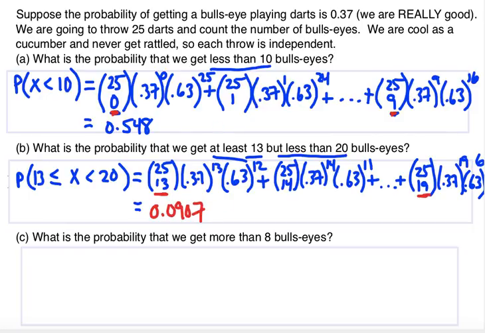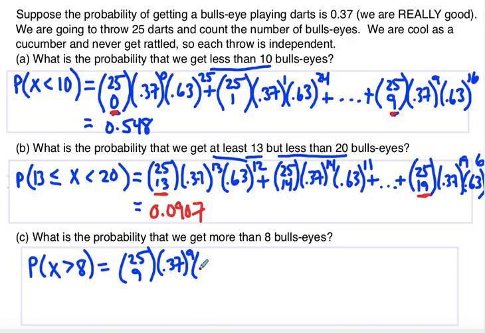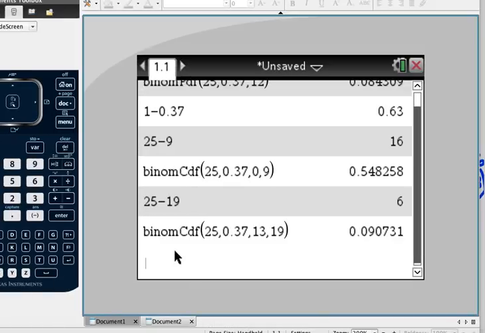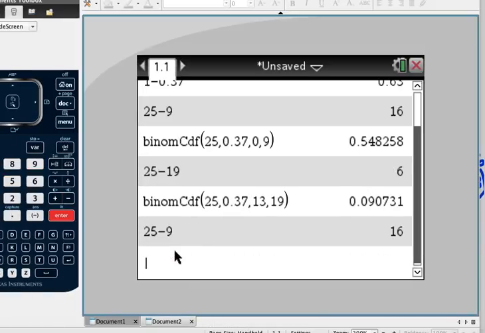Okay, next example. What's the probability that we get more than 8 bullseyes? So more than 8, greater than 8. All right, so the first one, if we're strictly greater than 8, then what would be our lowest number? It would be a 9. 0.37 to the 9th, again, that exponent is the same as whatever this bottom number is. 1 minus 0.37 is 0.63, and that will get raised to the 25 minus 9. 16.